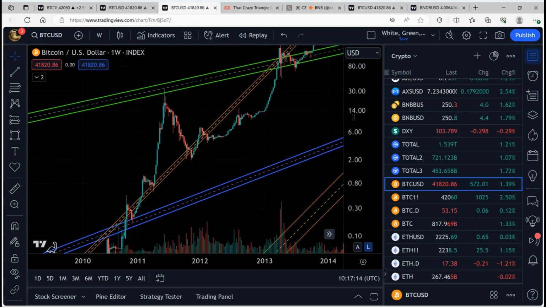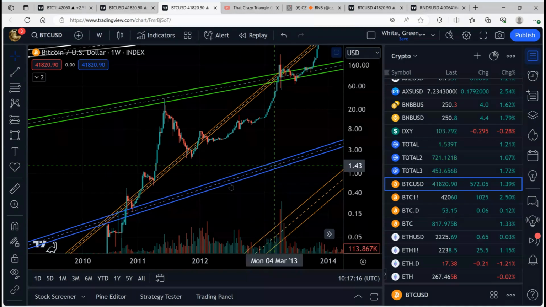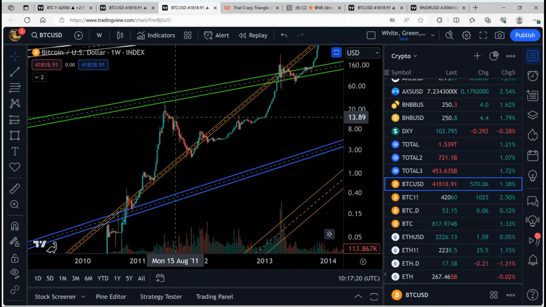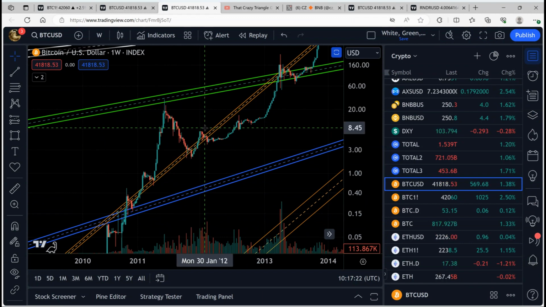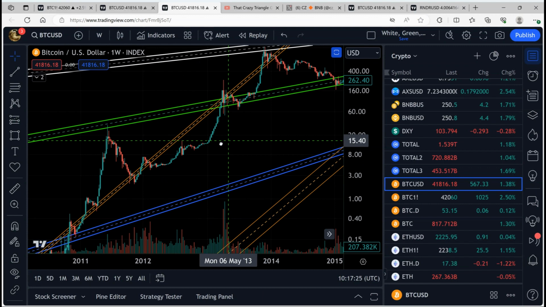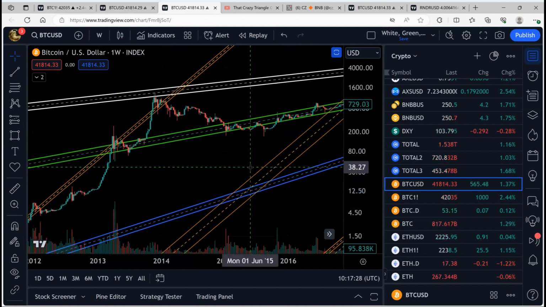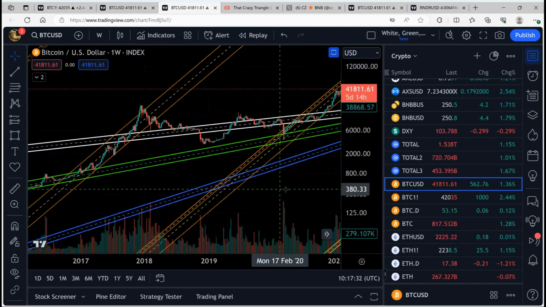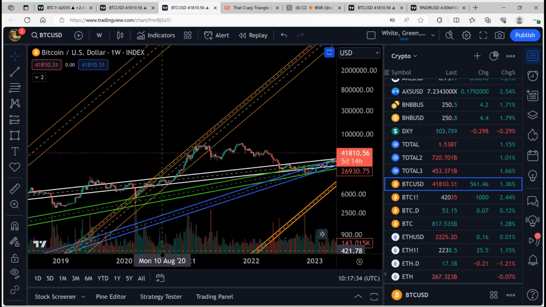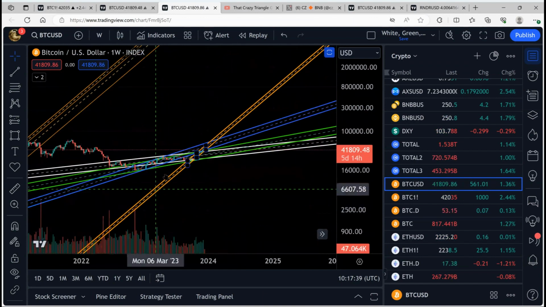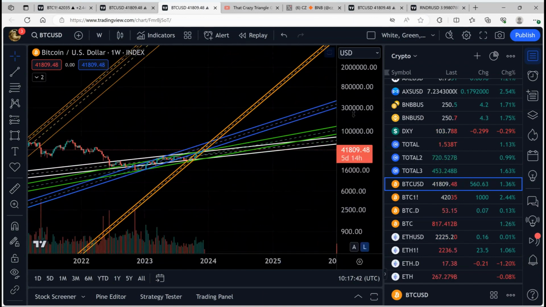I got to really zoom out here. But you can see how it catches all these points where it swings. That was back in the very beginning. But all the other ones very accurately captured the parabolic runs right here. And so is this one.